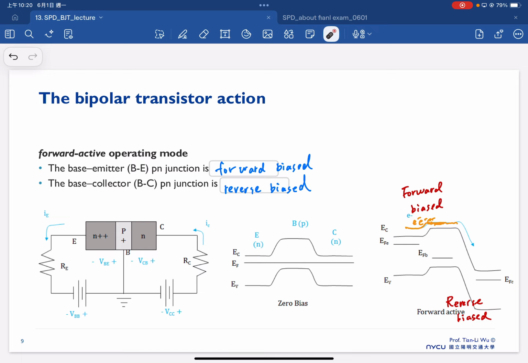So once electrons are injected from the emitter to the base, then reach this region, these electrons are accelerated by this huge barrier drop, which is a high electric field, and we will explain that later.